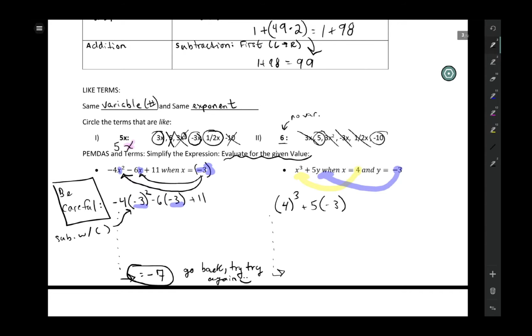My calculator's just not wanting to be friendly. 4 times 4 times 4, so 64 minus 15, essentially. 49. Okay, sorry about the delay. But again, if you do not get 49, keep trying.